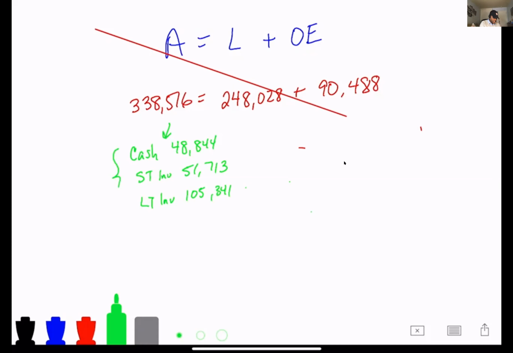So just in their cash and investments, they have about $205 billion. So if they have $205 billion in cash and investments, why do they have $142 billion in long-term liabilities?